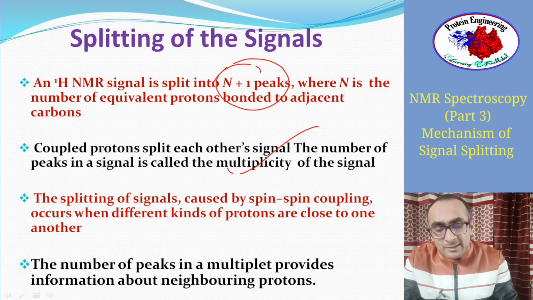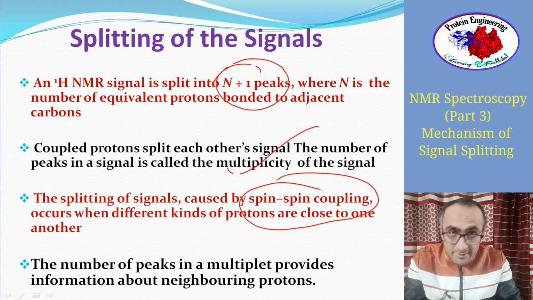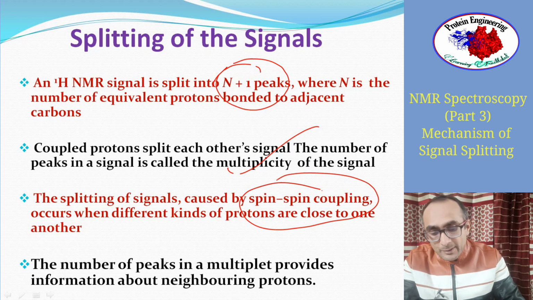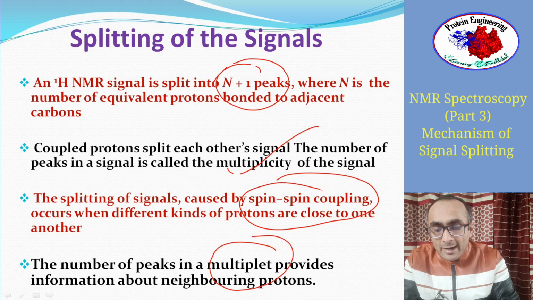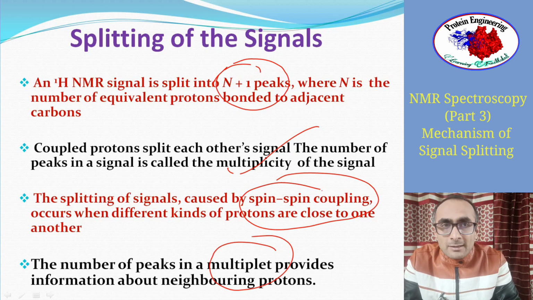This splitting of the signal is caused by spin-spin coupling. Spin-spin coupling means the magnetic fields of neighboring protons cause splitting of each other's signal in NMR spectroscopy. The number of peaks in a multiplet provides information about neighboring protons, because generally the splitting follows the N+1 rule.